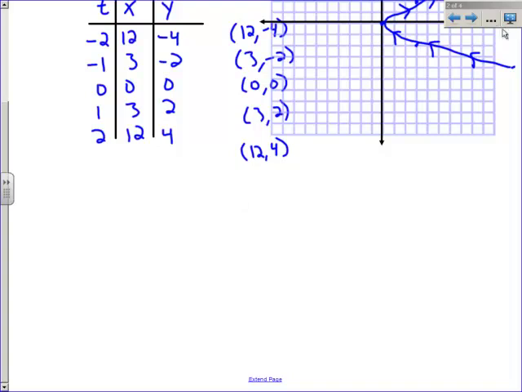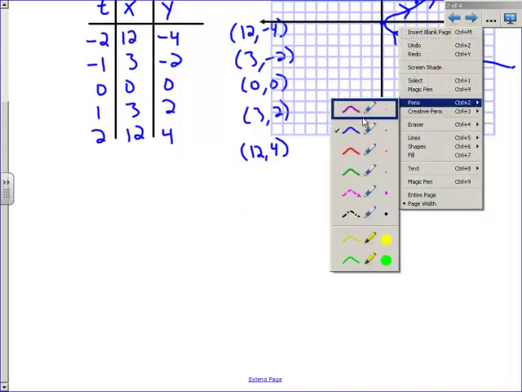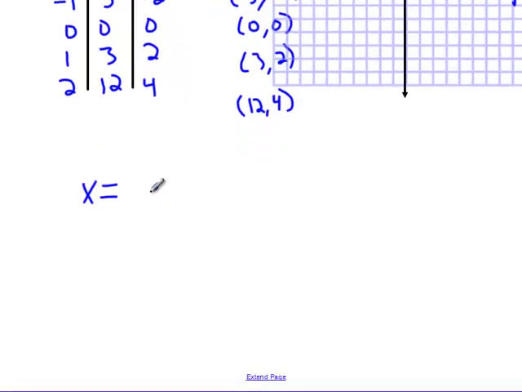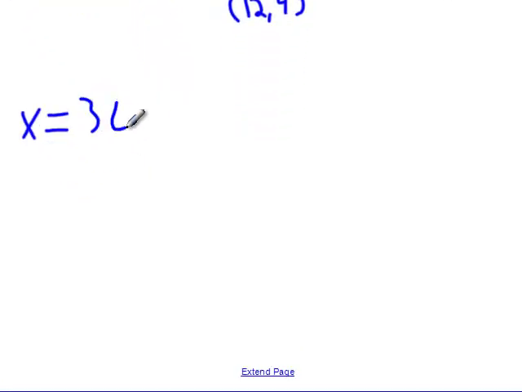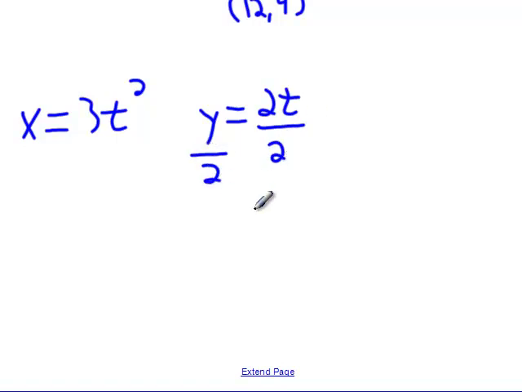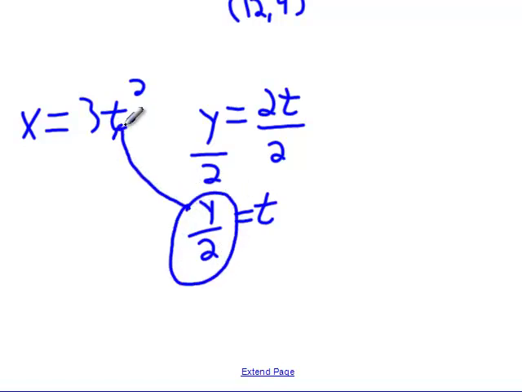Alright, so I originally had x equals, what was that, 3t squared? And y equals 2t. So what we can do to eliminate the parameter is you can solve one of these equations for t. And I guess I'll just solve the y equation for t. So I'm going to divide both sides by 2, and I will get that t equals y over 2. And then we can take that and substitute it in here for t.